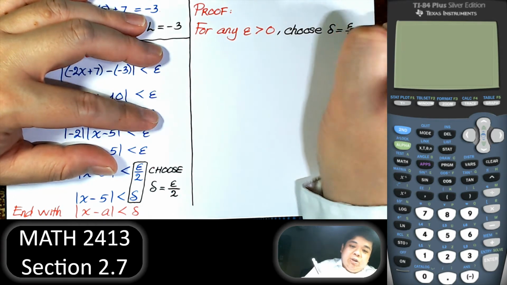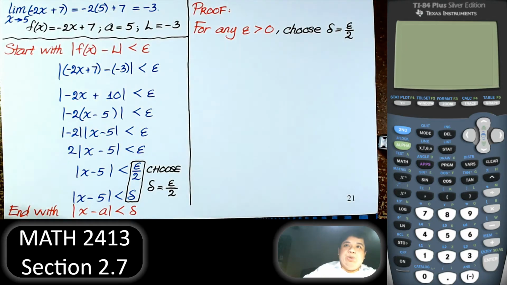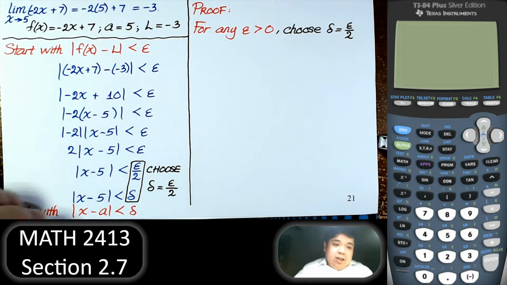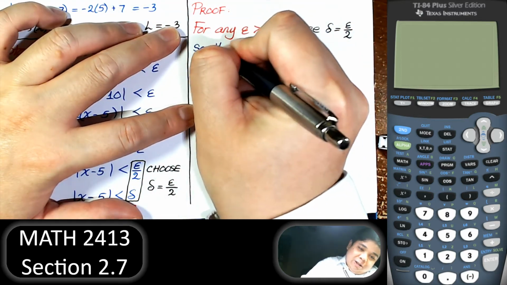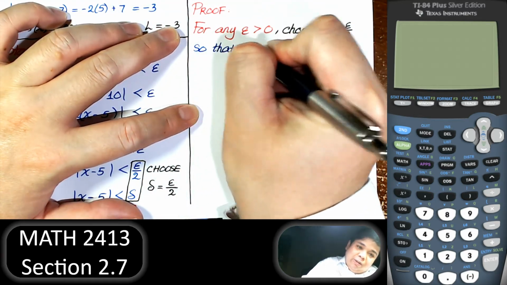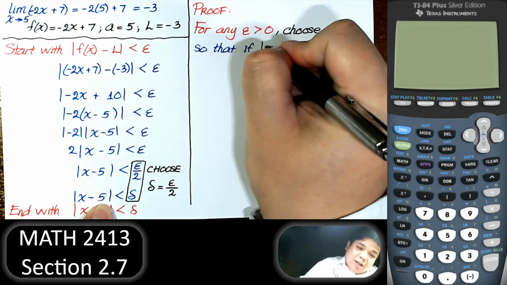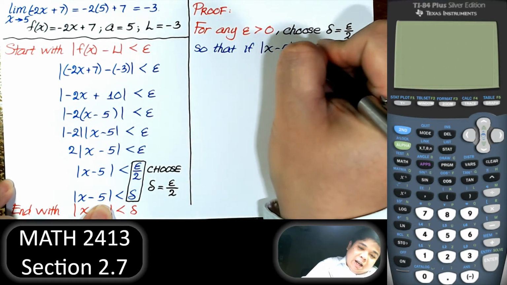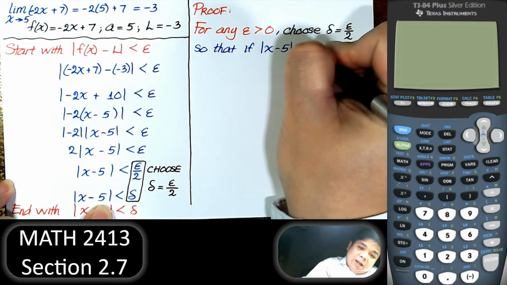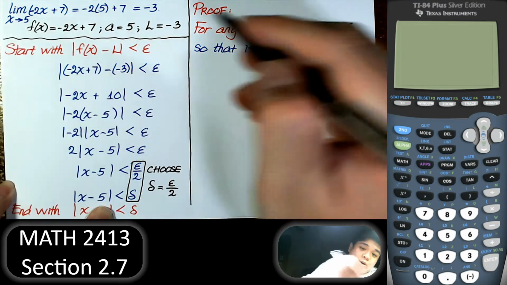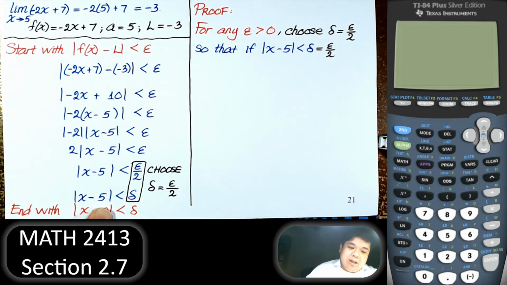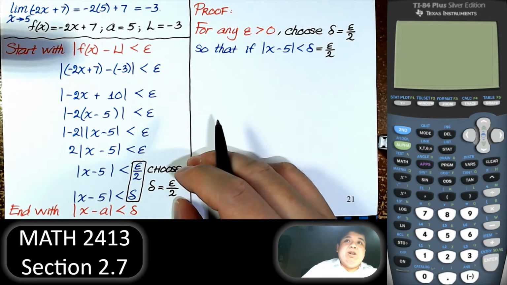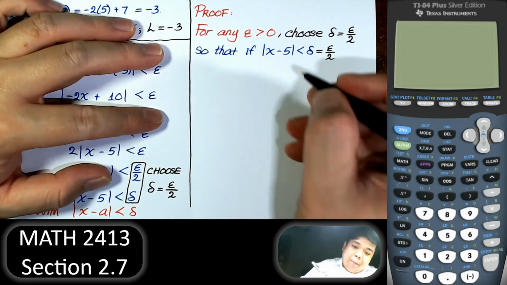So if you give me epsilon, I will just divide by 2, and that will be the delta. So that if x minus 5 less than delta, and delta is set to be equal to epsilon divided by 2, then I just need to write everything in reverse, and that completes the proof.